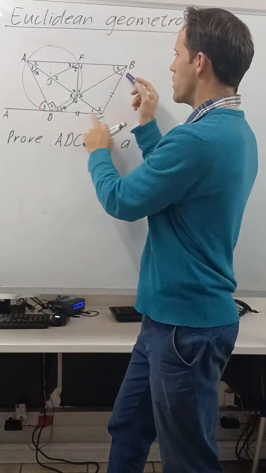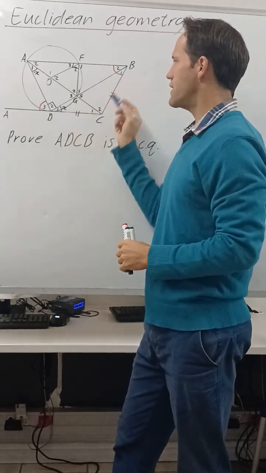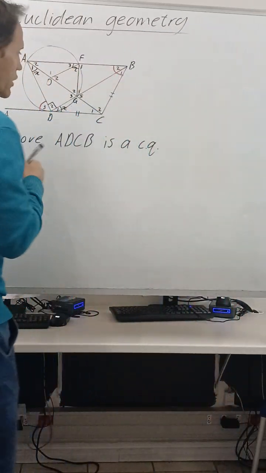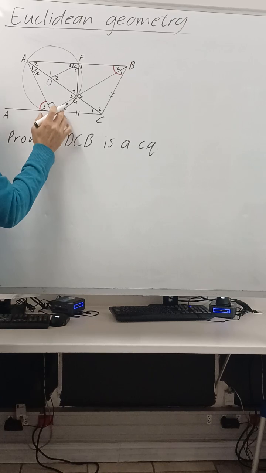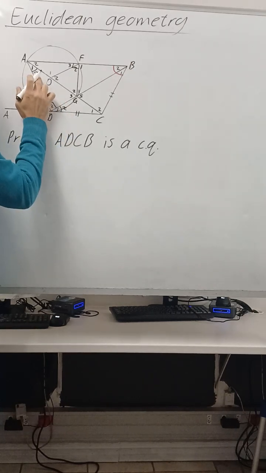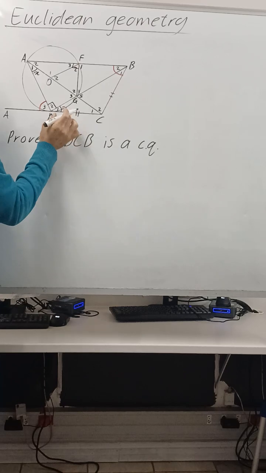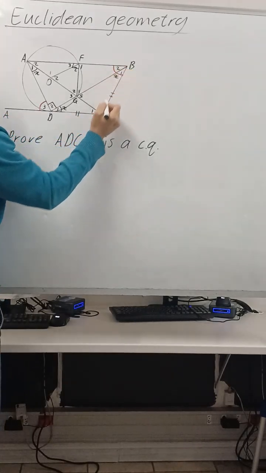If they are equal, it means this triangle here, BCB, is an isosceles triangle. So just by looking at the information I have, I already said that this angle is equal to this one, because it's tangent DC and chord DG. But I can also say that this angle is equal to X, because of the isosceles triangle.